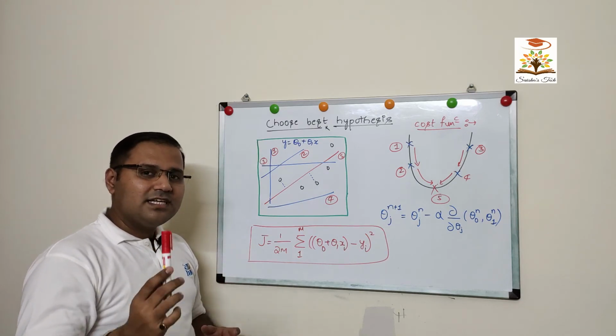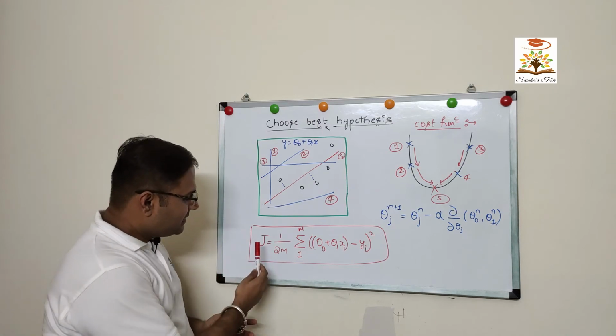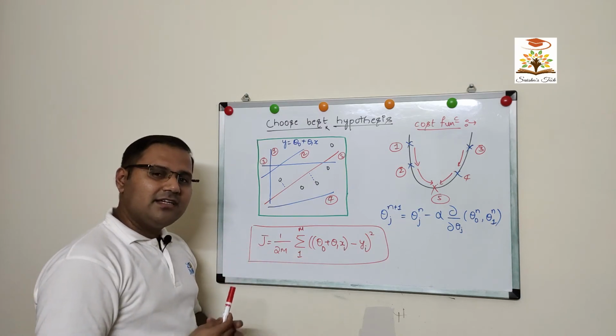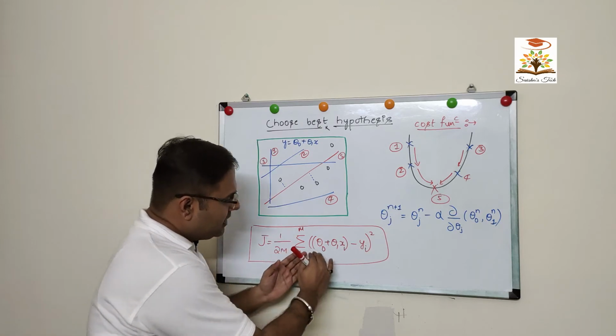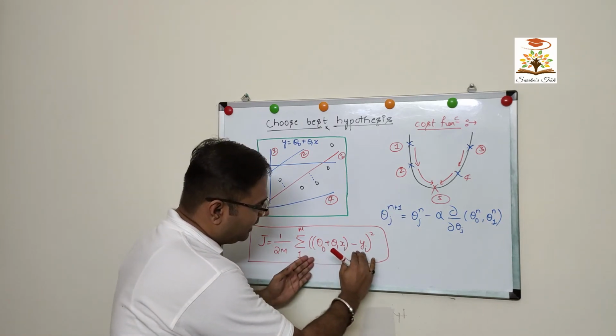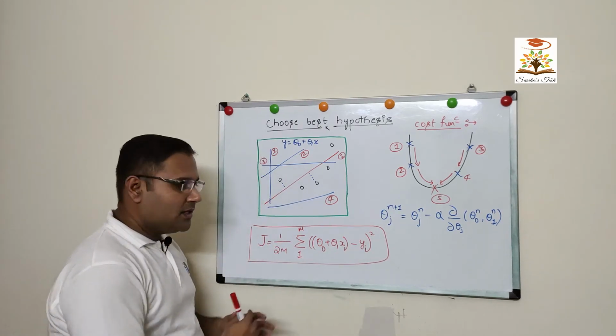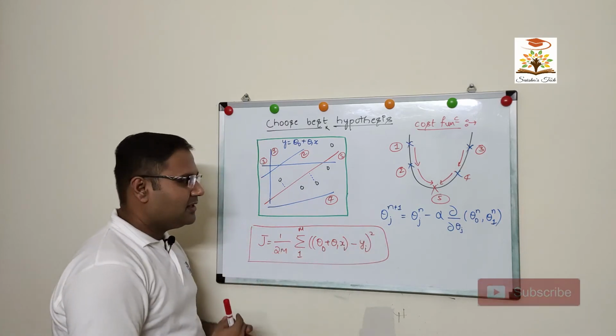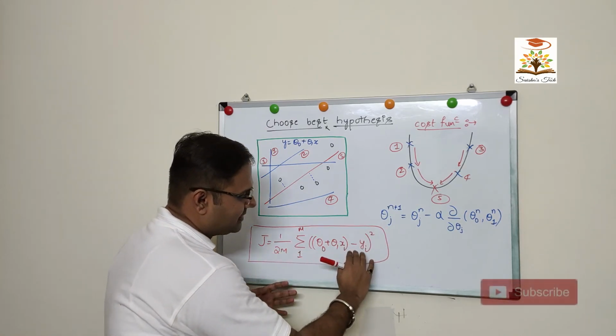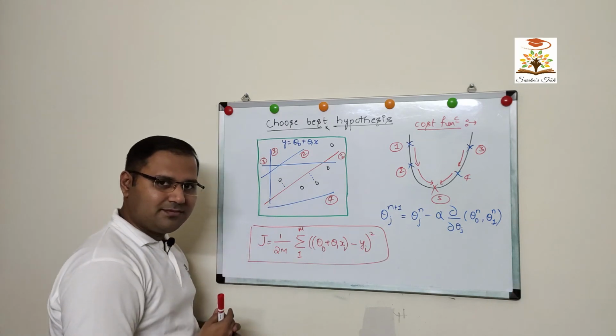The cost function is represented as J, and the values are the hypothesis line minus the actual value, the whole square, which means the predicted minus actual value, the whole square.